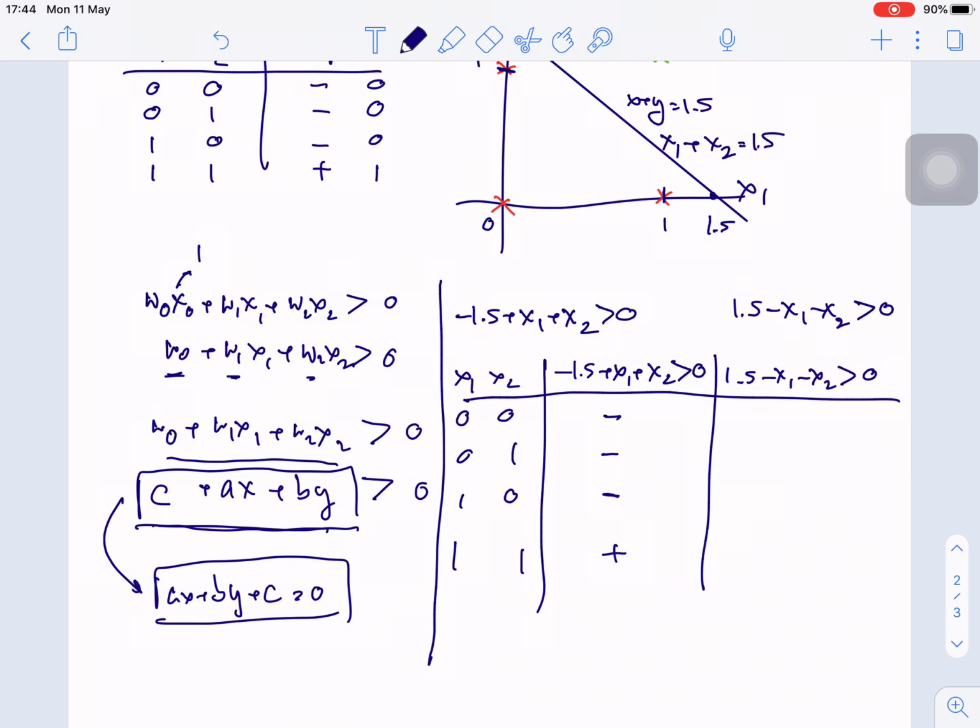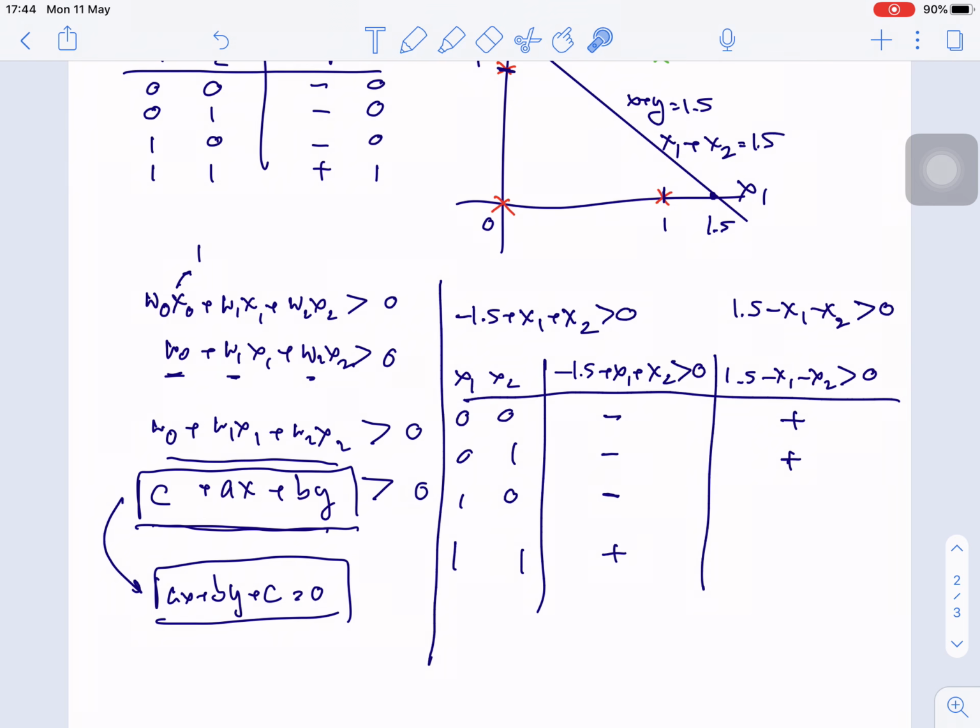How about the right one, the last column? If you replace x1 and x2 by 0 and 0, you will get 1.5 greater than 0, right? So it will be positive. If you replace it by x1 is 0 and x2 is 1, what did you get? You will get 0.5 greater than 0. That is the positive class. How about the third one?